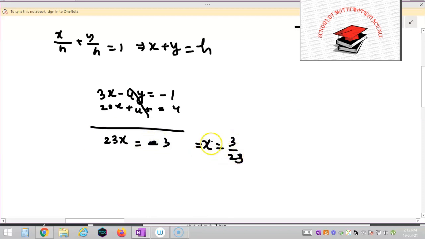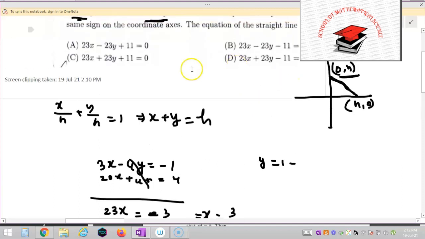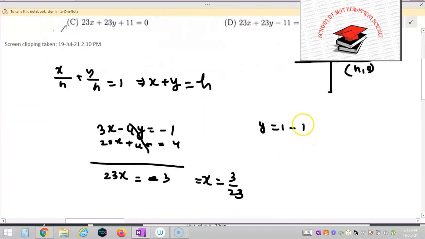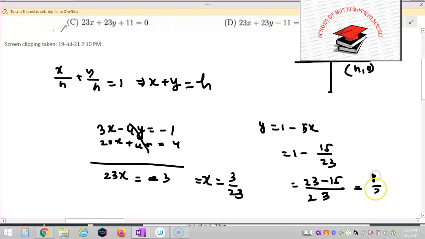So we got the value of x. Now we need to find the value of y. y is equal to 1 minus 5x, so that is 1 minus 15 by 23, which is 23 minus 15 by 23. So that would be 8 by 23. Okay, so the y coordinate is 8 by 23.